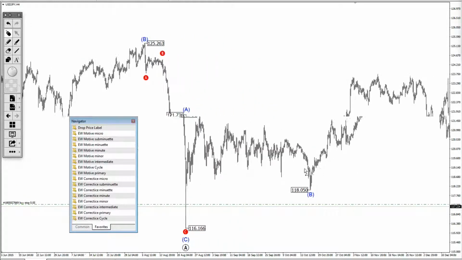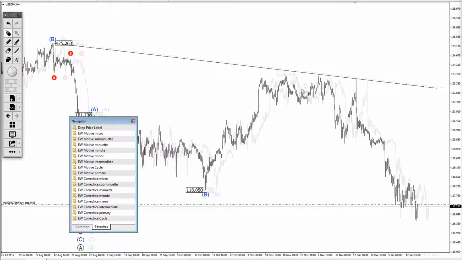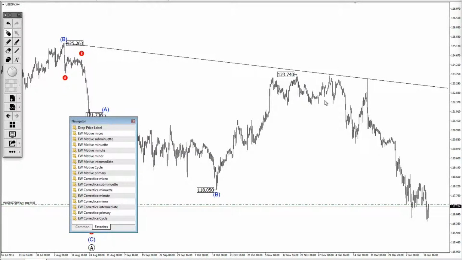And now if we scroll a little bit forward, we can see there's no labeling here. So we can draw the trend line of the triangle up here and then label the peak of the triangle. So 133.74 would be the C wave of a minute degree and also minor wave B of this large triangle, like so.